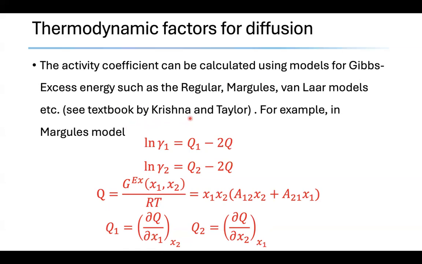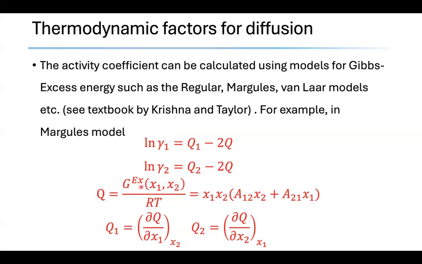Suppose we consider the Margules model, then the logarithm of the activity of component 1 is given by this expression, which is equal to Q1 minus 2Q. Similarly, the logarithm of activity of component 2 equals Q2 minus 2Q.